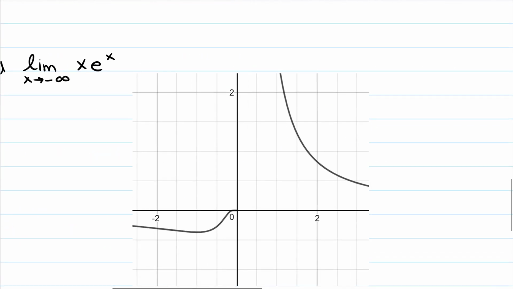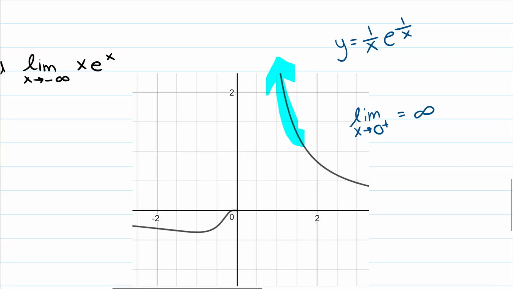So here's the graph of our reciprocal. This is y equals 1 over x times e to the 1 over x. The limit as x approaches 0 from the right, which is this piece, we can see is shooting up towards infinity.